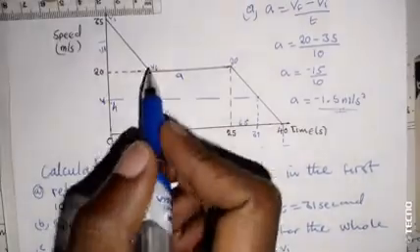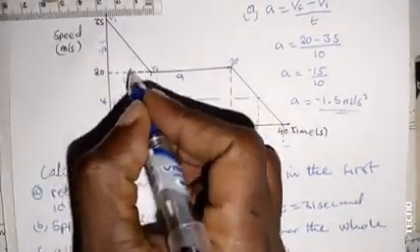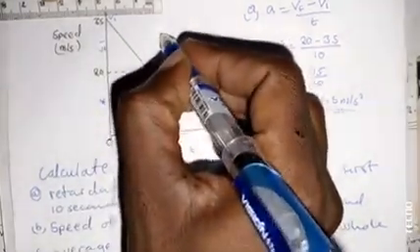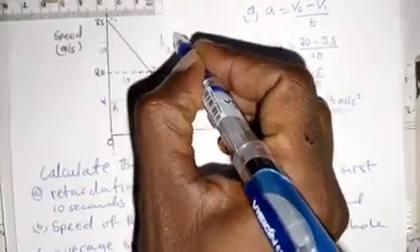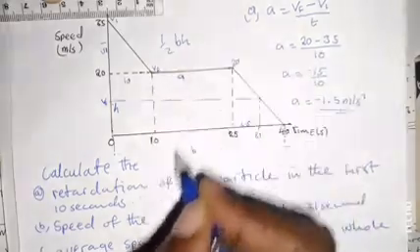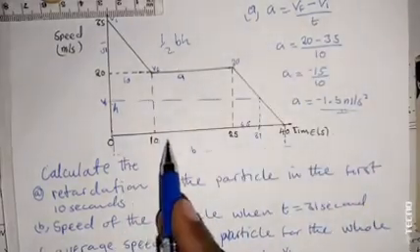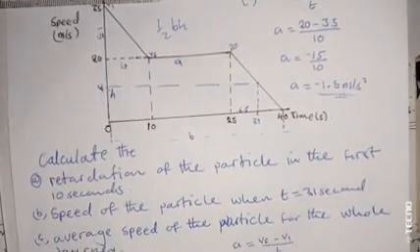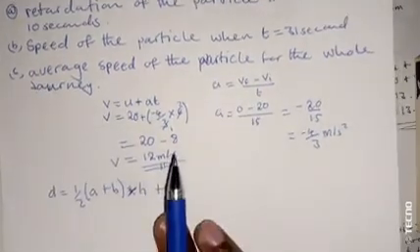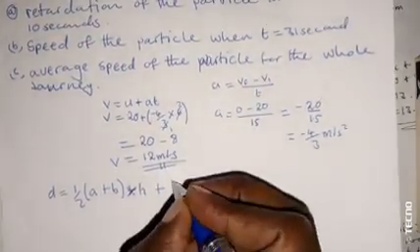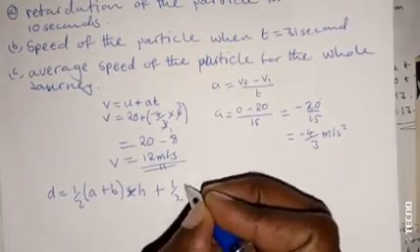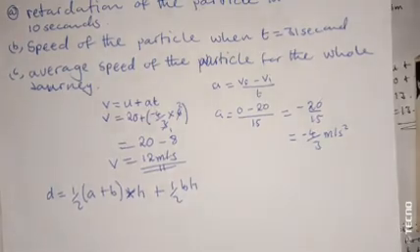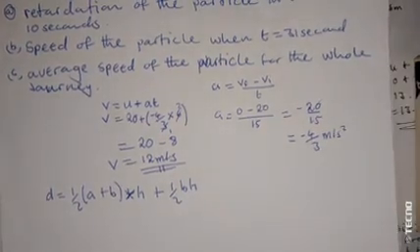Then from here up to there it's a 10. So to find the distance here, I'll use half BH, where my H will be 10 and B will be 15. I'll take this one and add it here, which will be half BH. So this is what I'm going to use.